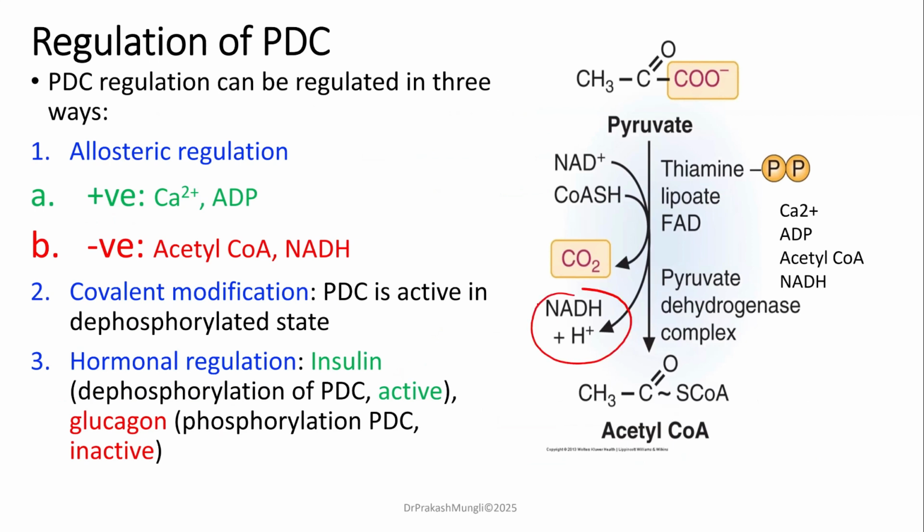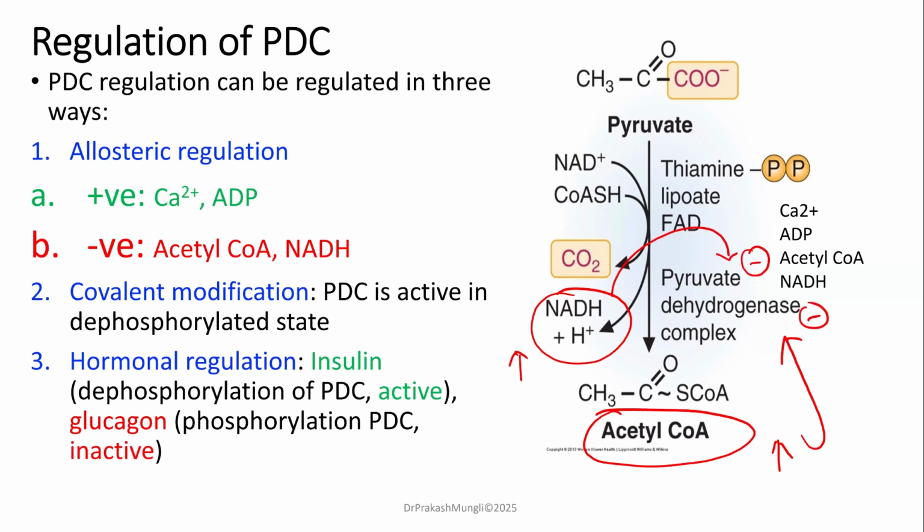Whenever there is accumulation of NADH in the mitochondrial matrix, or accumulation of acetyl-CoA, if acetyl-CoA is not entirely getting into the TCA cycle for oxidation, whenever these two molecules build up, what do you expect them to do to your pyruvate dehydrogenase complex?